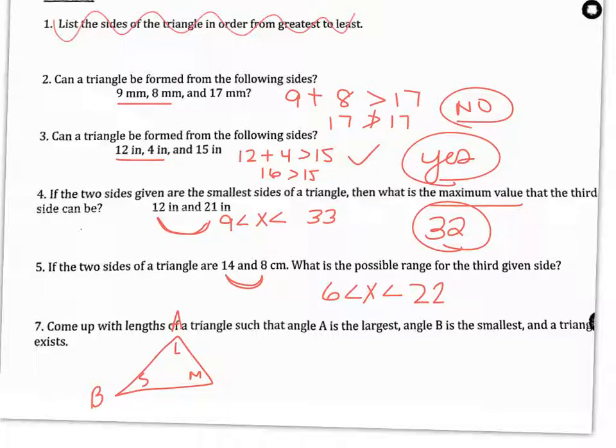And a triangle exists. So you can really make up whatever you want. So if A is the largest, I'm going to label this out. A is the largest, B is the smallest, and let's pick C is somewhere in the middle.